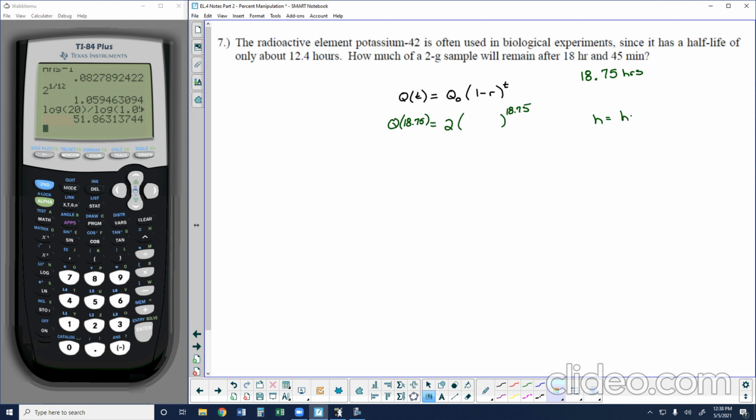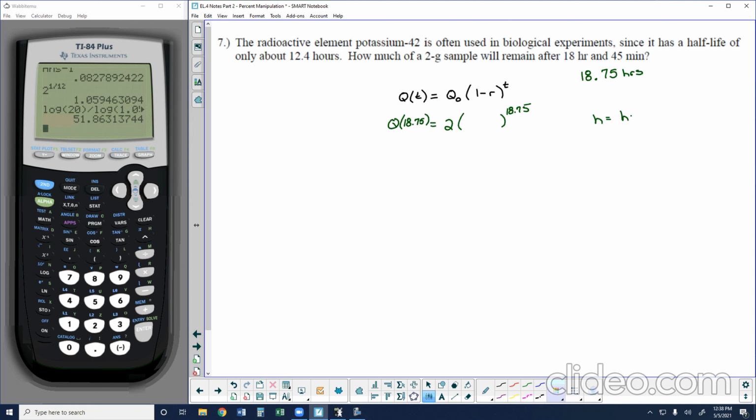Now, if I want to find the hourly growth rate, the hourly growth rate is going to be useful because in my problem, I have my time domain in hours. So to find that hourly growth rate, I'm going to take the 12.4 root of each side, or if we remember, that's going to be the same as the exponent 1 over 12.4.